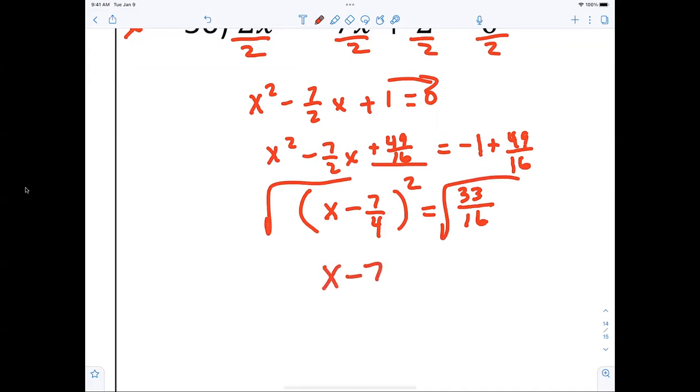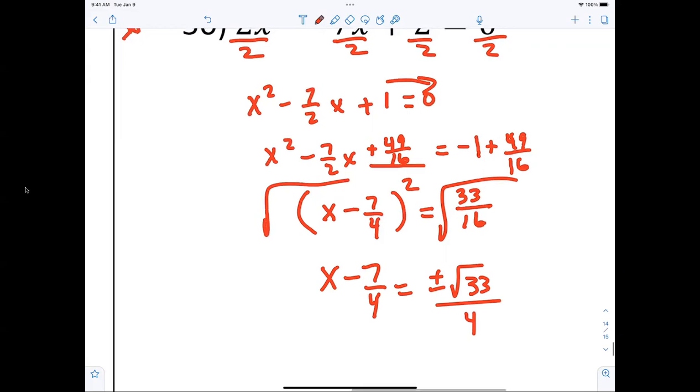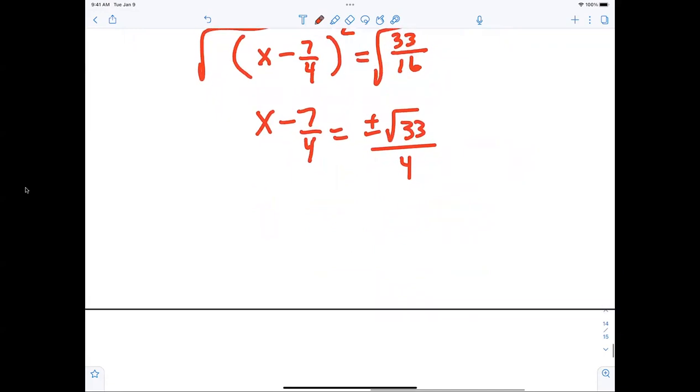x minus 7/4 equals, what does it equal? Plus or minus what? Square root of 33 over what? Over 4. It's over 4 because the square root of 16 is a perfect square. So the square root of 16 is what? 4. Everybody's okay with that? And now I do what to both sides? Add 7/4.